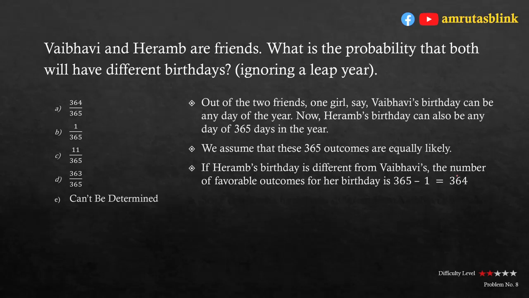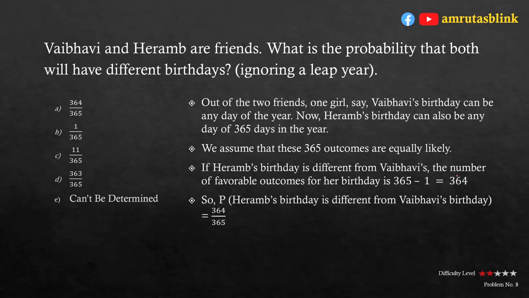So in order to find out Hiram's birthday, there are 365 minus 1, that is 364 total possibilities. Hence, Hiram's birthday can be on the remaining 364 days.